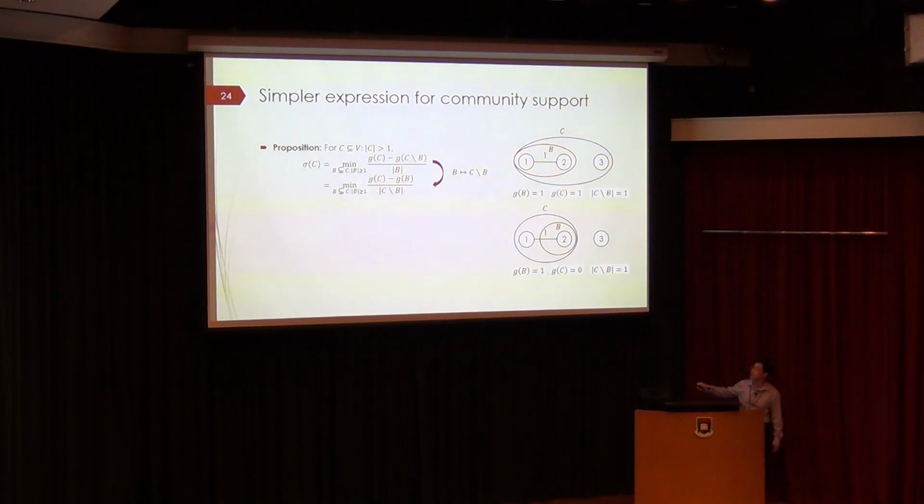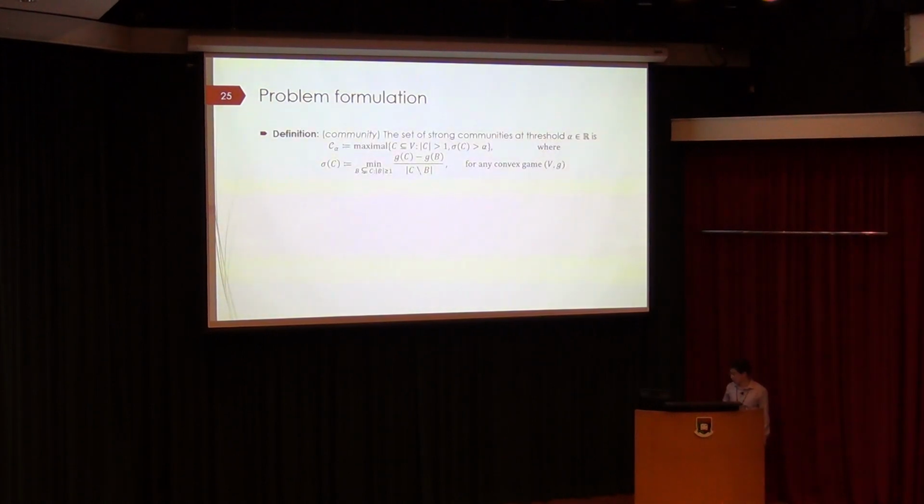I'm not going to go through this, but you can see that this is only one minimization, only concerning the subset B. So here is our formulation: to find the set of clusters for threshold alpha, where alpha can be any real number, and this set of clusters corresponds to subsets that have strength larger than alpha, and the strength is defined as follows.